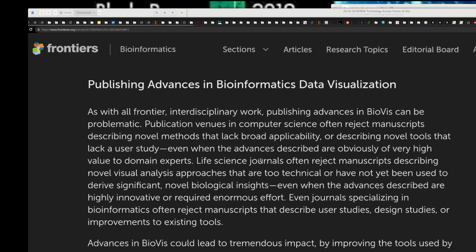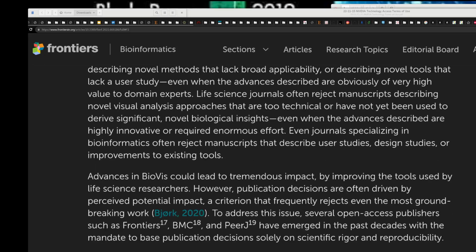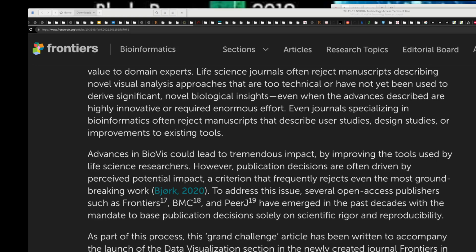Advances in BioVis could lead to tremendous impact by improving the tools used by life science researchers. However, publication decisions are often driven by perceived potential impact, a criterion that frequently rejects even the most groundbreaking work (Björk 2020).